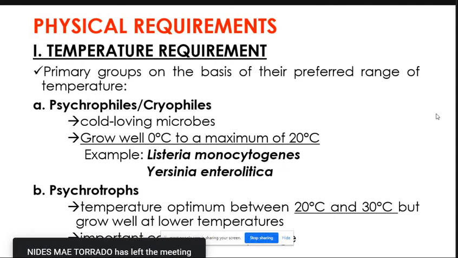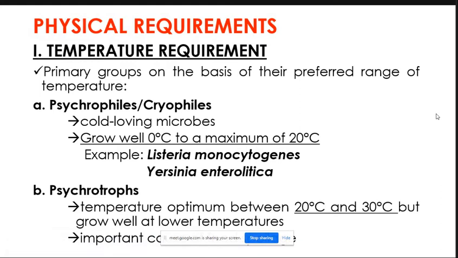Alexandria. As to oxygen. Asan si Alexandria? Good afternoon, ma'am. Yes, Alexandria. As to oxygen requirement. Ma'am, under po ng oxygen requirements, we have aerobes po. Tapos under ng aerobes, we have obligate aerobes, facultative anaerobes, and microaerophiles.